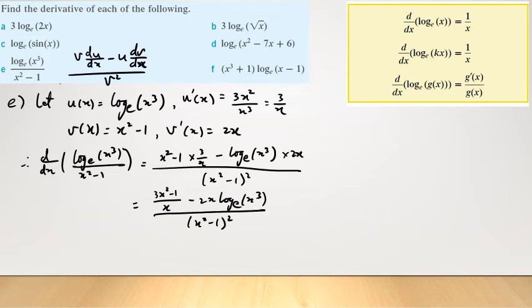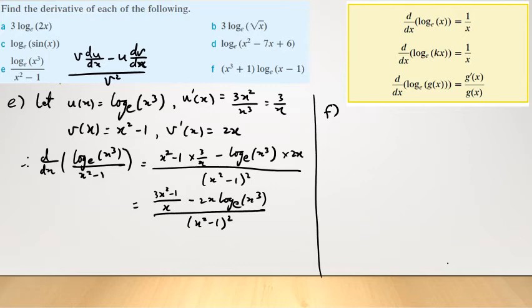Now, in terms of optimal ways of writing, there is no real optimal way of writing unless I tell you to write stuff in a specific form, in which case I follow it, but otherwise you can usually leave it as where I've left it.